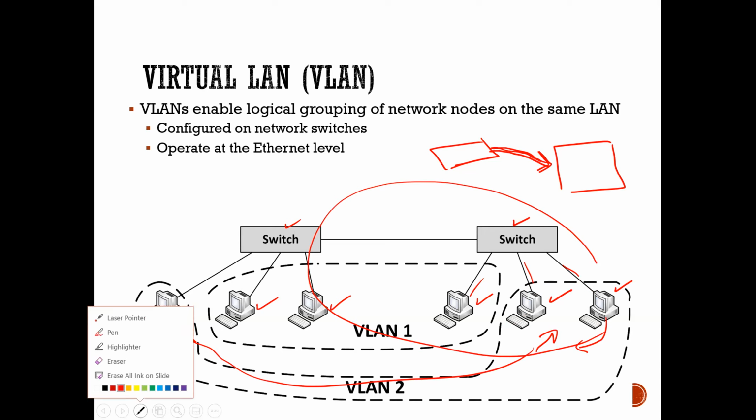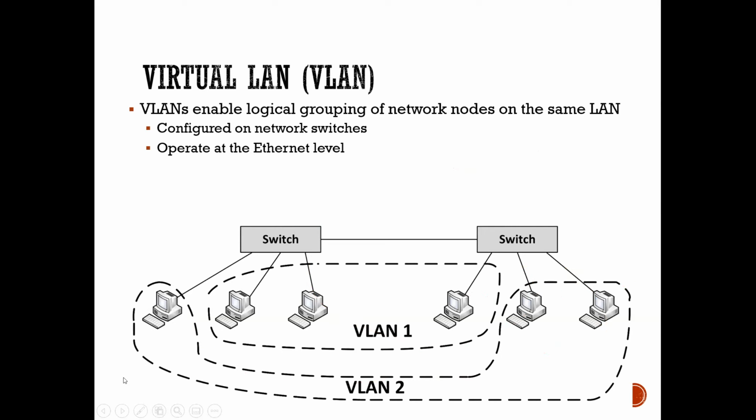So the virtual LAN is a technique enabling logical grouping of network nodes on the same LAN. يعني كأني أعمل group of the computers to be in one LAN, which are located in different switches or different locations in the same, let me say, area.